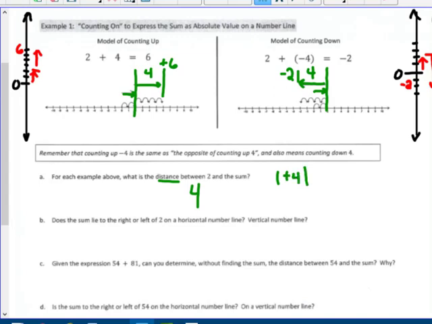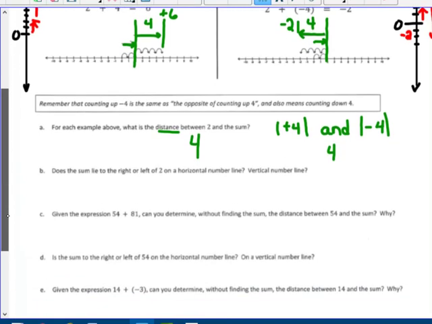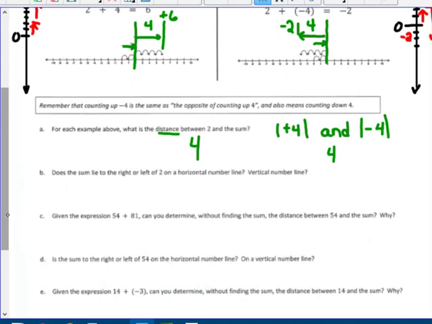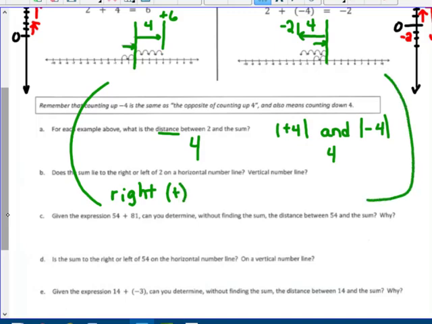Positive 4 and negative 4 have the same absolute value, 4. Does the sum lie to the right or left on the horizontal number line? In this example, it lies to the right, which is positive. In this example, it lies to the left, which is negative.